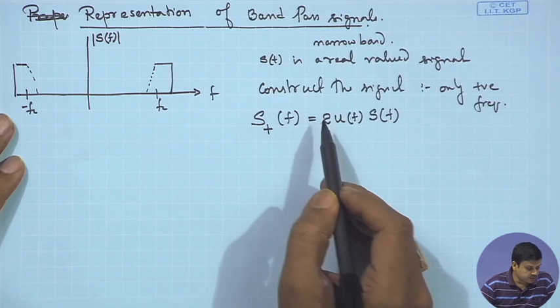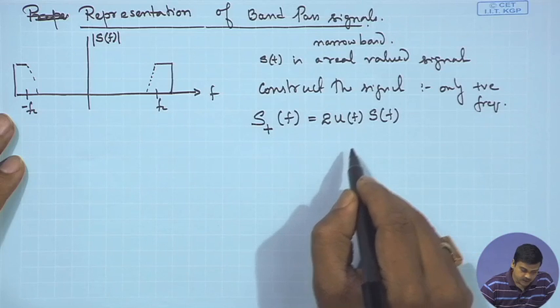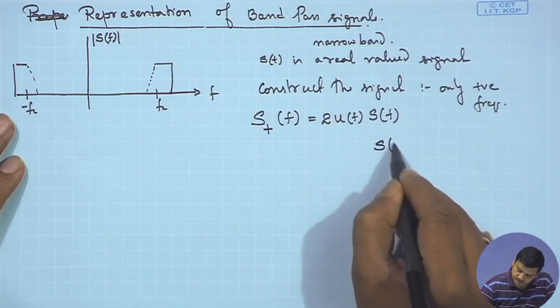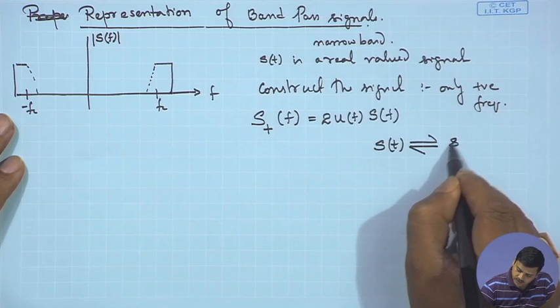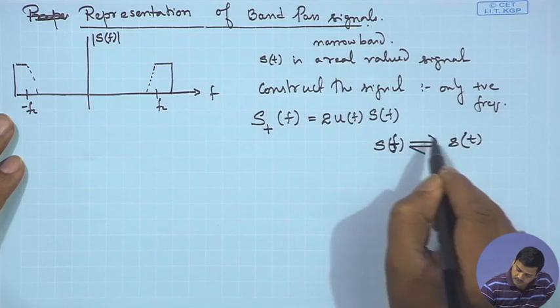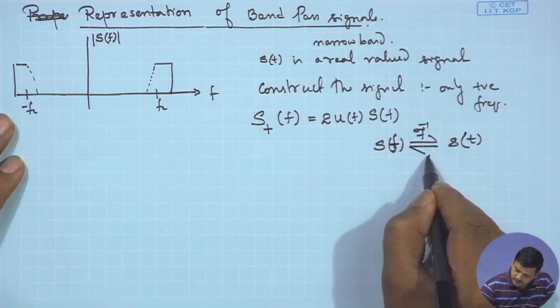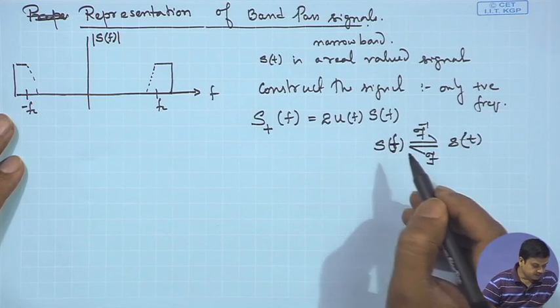So, we are using 2 over here, and of course, we have the relationship that S of f is related to S of t via the Fourier relationship. This is the inverse Fourier, this is the Fourier transform relationship.